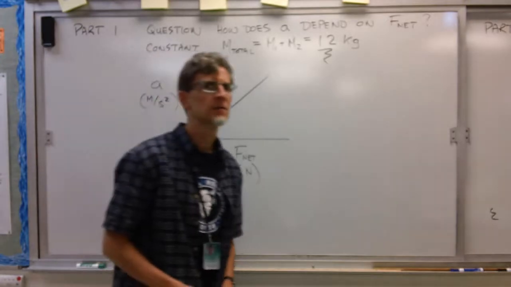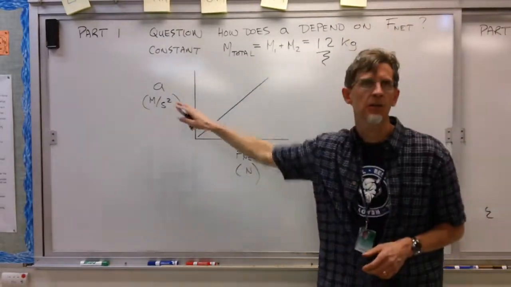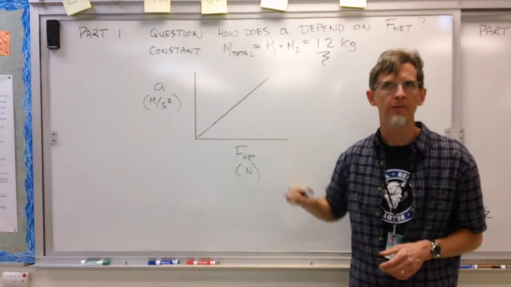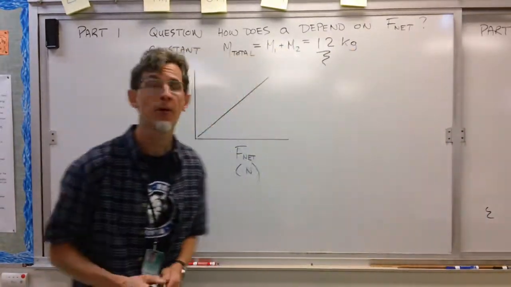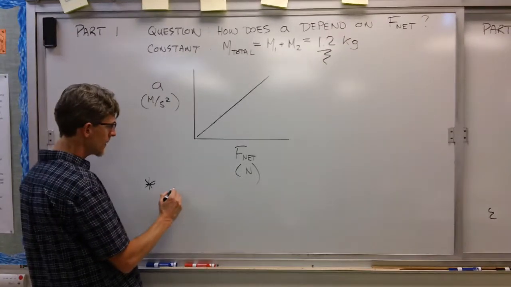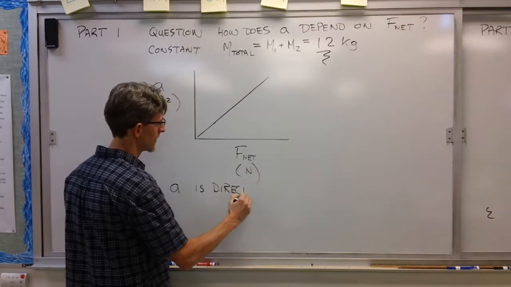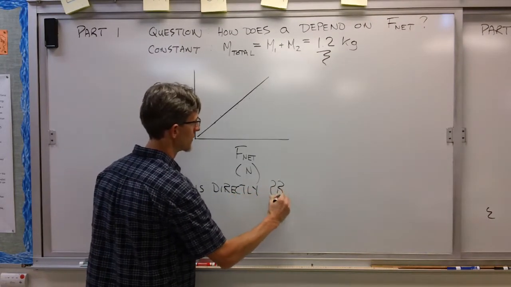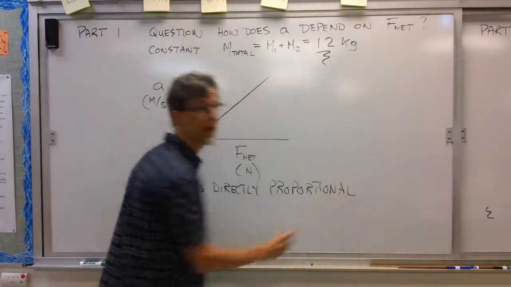So what does this mean? What type of a proportion do we have between acceleration and net force if you have a linear graph like this? That's a direct proportion, and that is a really important part of this whole thing. I'm going to put a star here and say that acceleration is directly proportional to what?